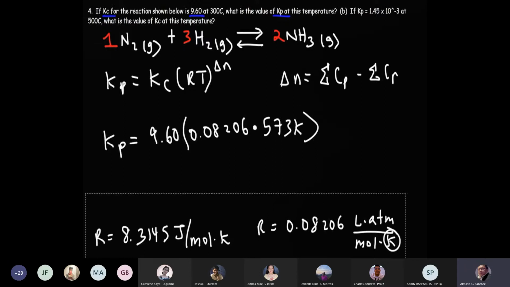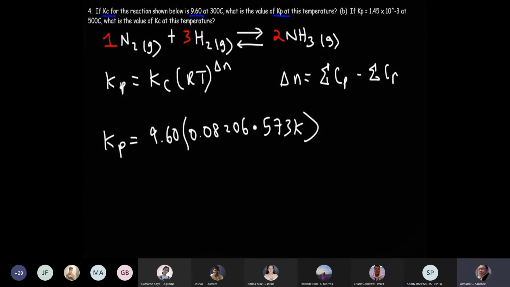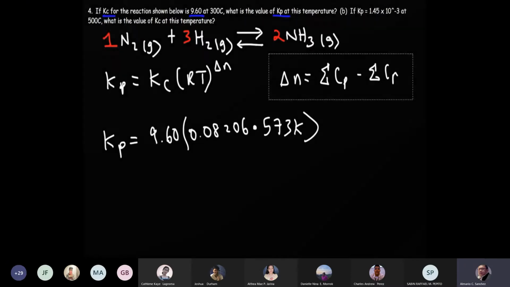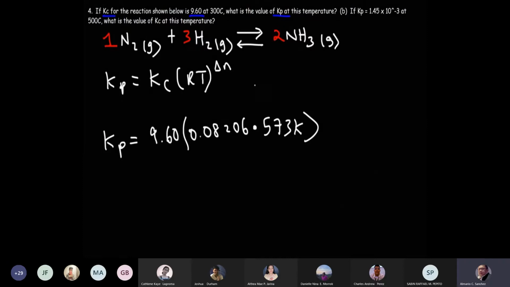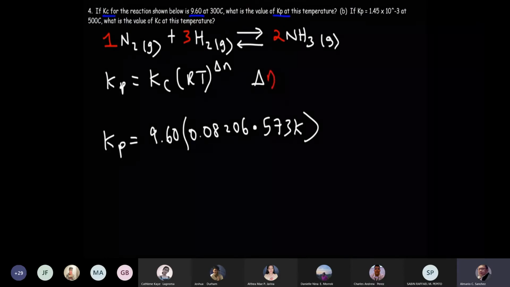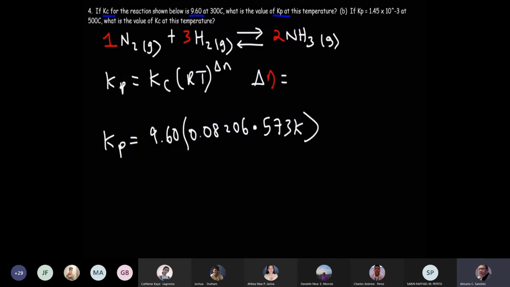So let's calculate delta N for this reaction. Delta N is going to be the coefficient of the products, which is 2, minus the sum of the coefficients for the reactants. So that's 1 plus 3. So delta N is 2 minus 4, which is negative 2.